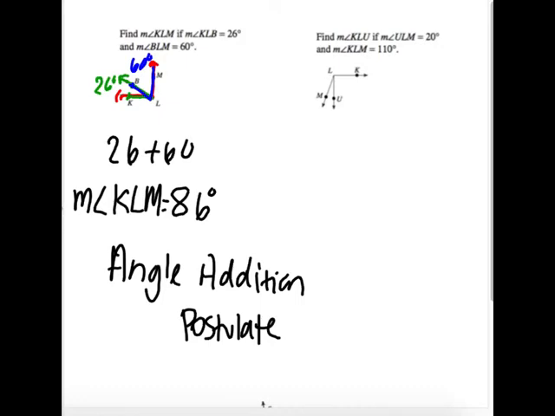So the next one says find the measure of KLU. So KLU, this is the one I am looking for. Then it says if ULM, this one, is 20, and KLM, this time the big one, is 110. So I know the whole thing is 110, then I know one of the smaller ones is 20.